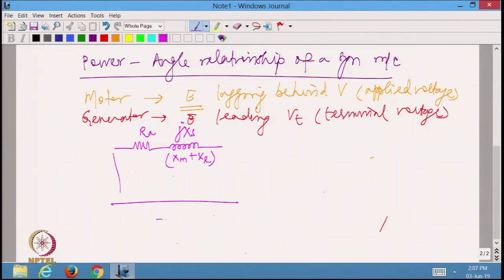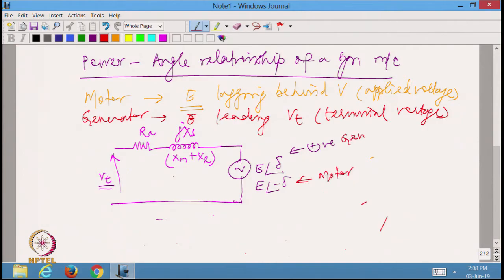I am going to have on one side the terminal voltage that is appearing if it is a generator, or the terminal voltage that I am applying if I am looking at it as a motor, and the induced EMF on this side, which is E angle delta if I call this a generator, where delta will be positive. If it is E angle minus delta, this corresponds to a motor. So, this is for generator, whereas this is for motor.